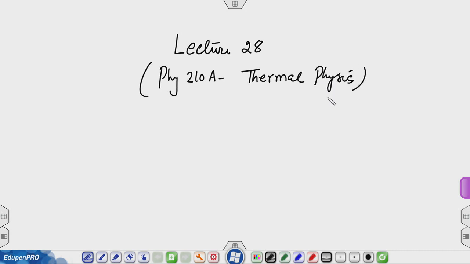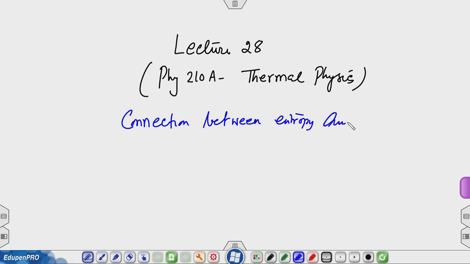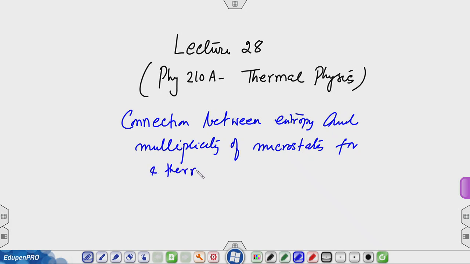Thermal physics, and we have been discussing the connection between entropy and multiplicity of microstates for a thermodynamic state.